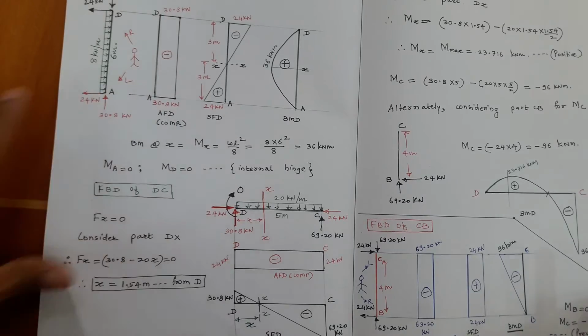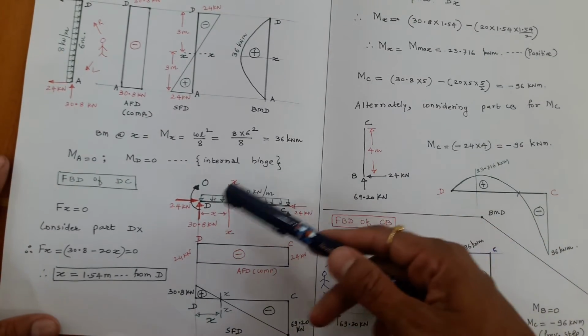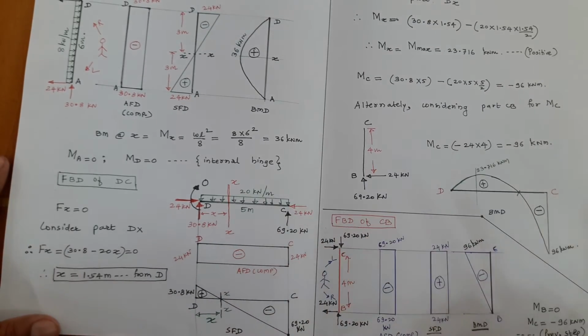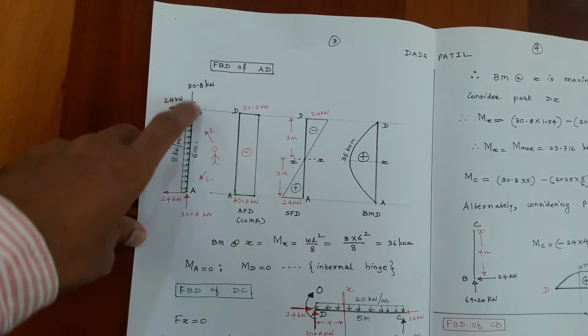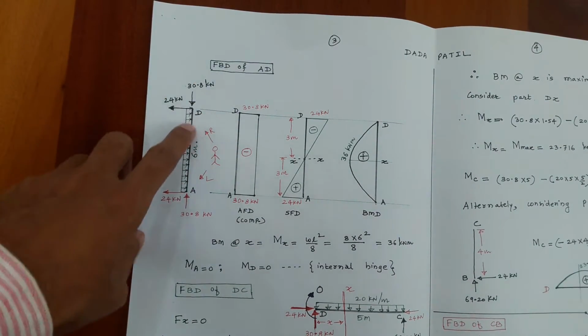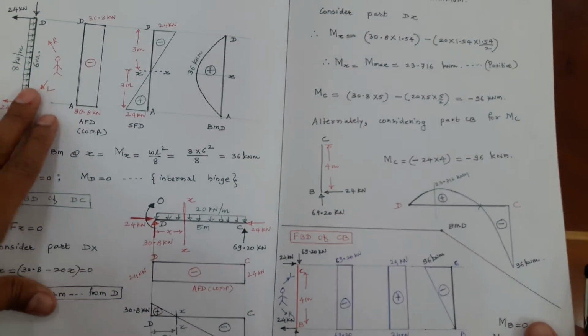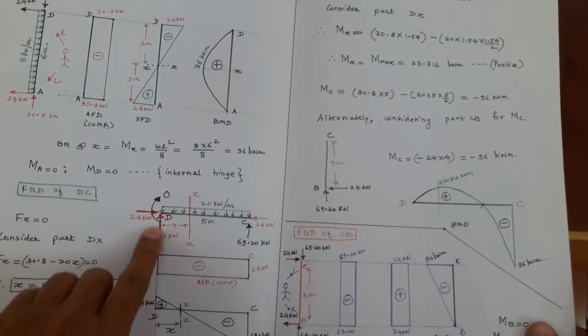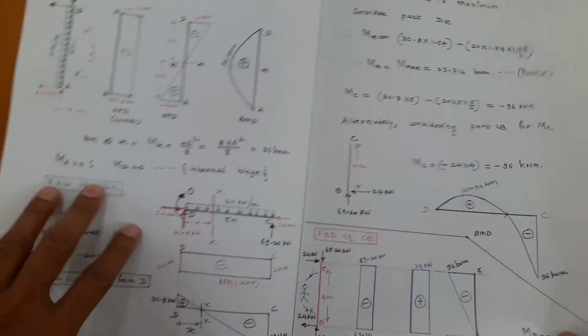Now, coming to the free body diagram of DC. So, I will draw the free body diagram of DC. Now, you know that for part AD, this force was 30.8 kilonewton in the downward direction. Therefore, again for the equilibrium of particle D in the vertical direction, you have to reverse the direction of that force. So, 30.8 kilonewton in the upward direction.